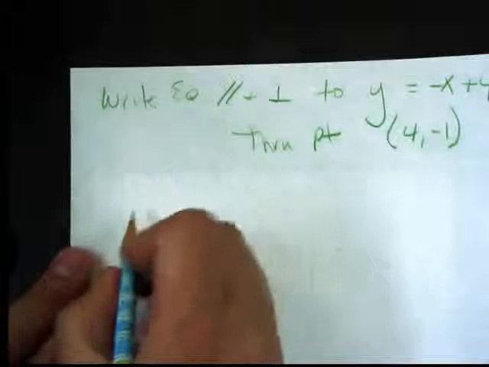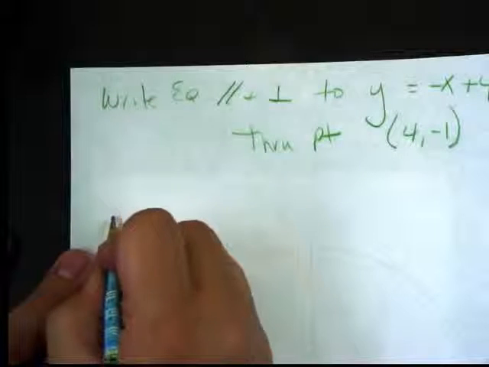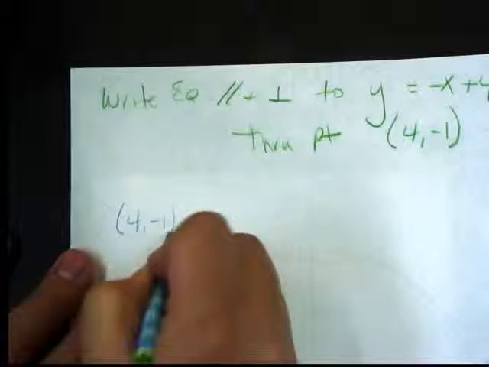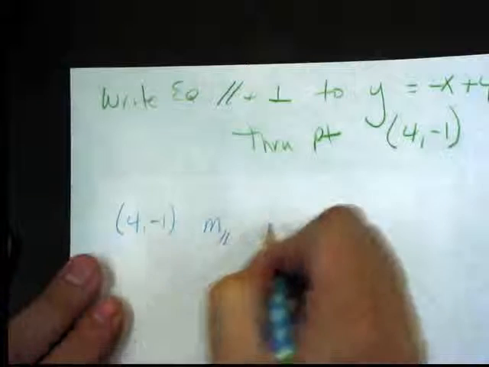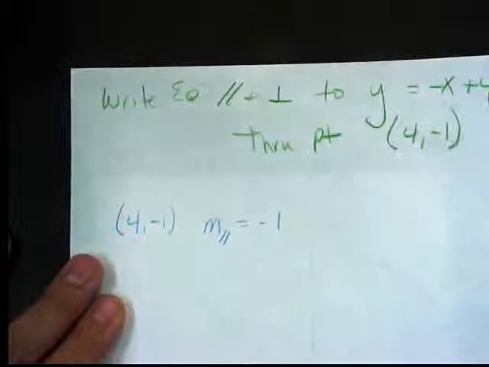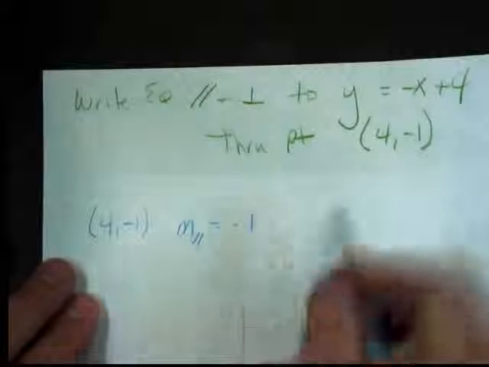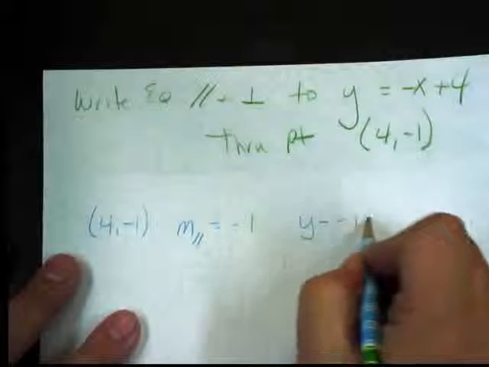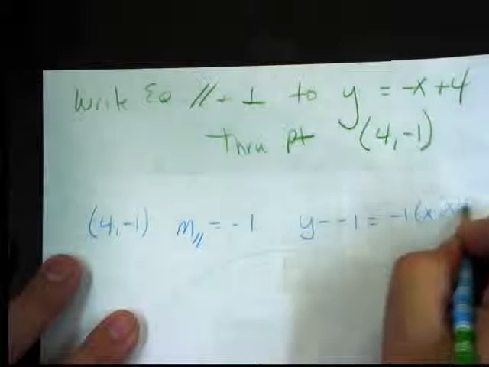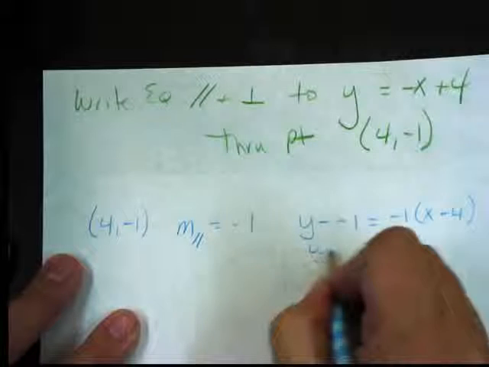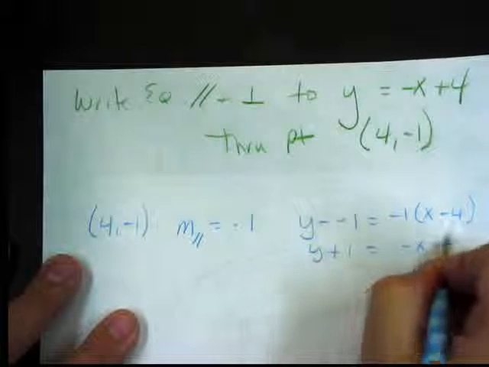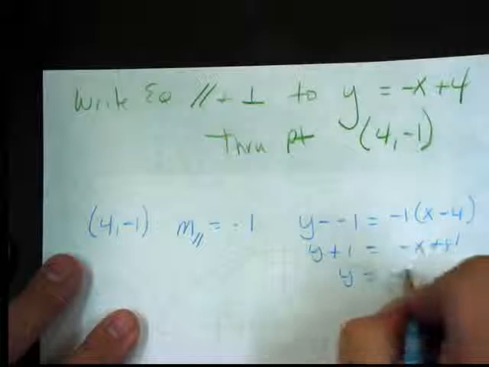All right. So here we're going to have the point (4, -1), and the parallel slope is the same at -1. y minus y1, m times x minus x1, distribute, and combine.